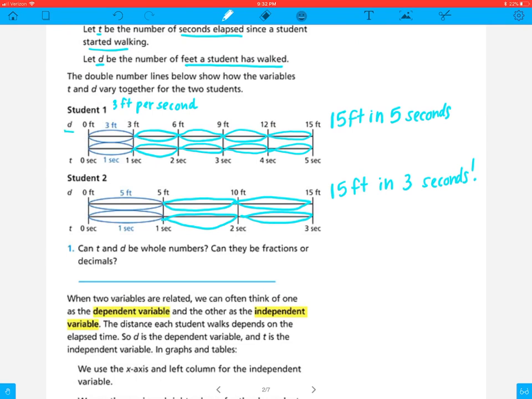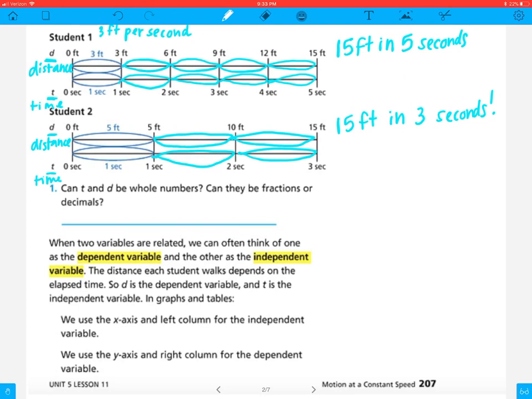So can t, the time, and d, the distance, be whole numbers? Can they be fractions or decimals? Think about this one as a class. Do you think that we could do distance with decimals or fractions? Can we do time in decimals or fractions? What do you think?